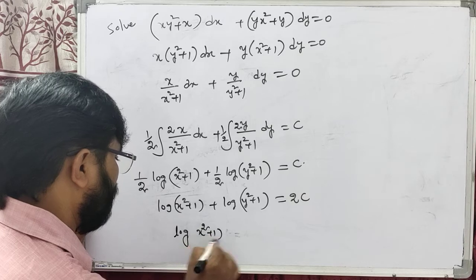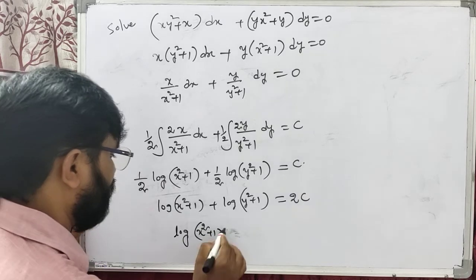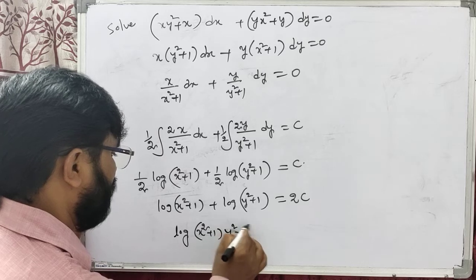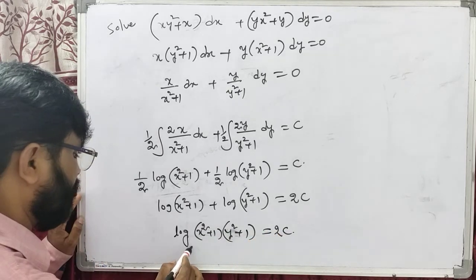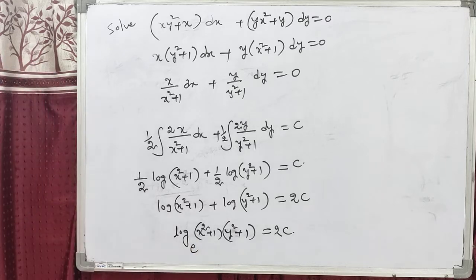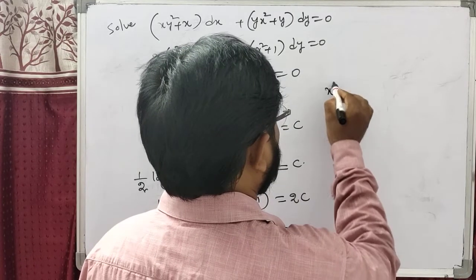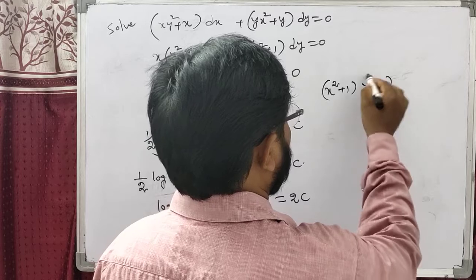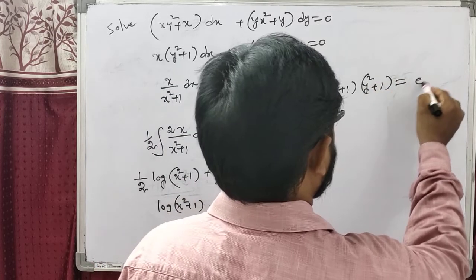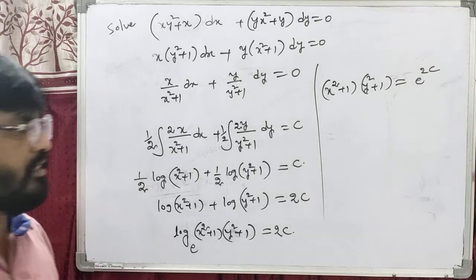That is (x^2 + 1)(y^2 + 1) equal to 2c. Dear students, is there base e? Base e is there, so now we can send base e to the other side. The (x^2 + 1)(y^2 + 1) equal to e^(2c). Dear students, e^(2c) is nothing but a constant.